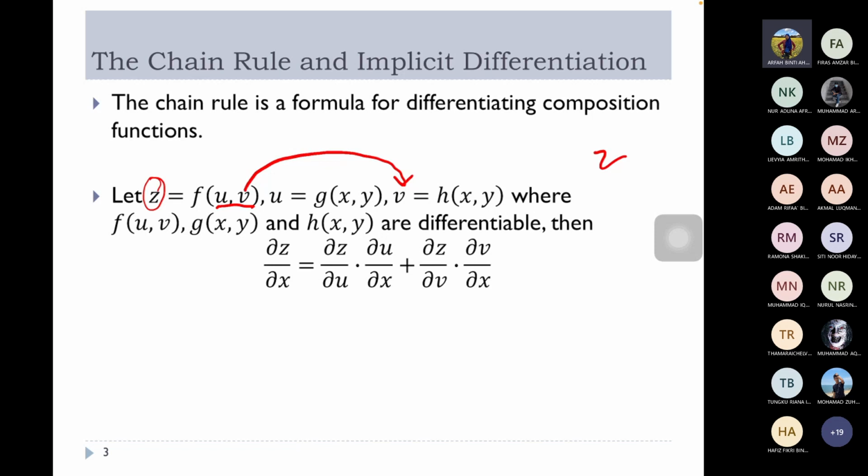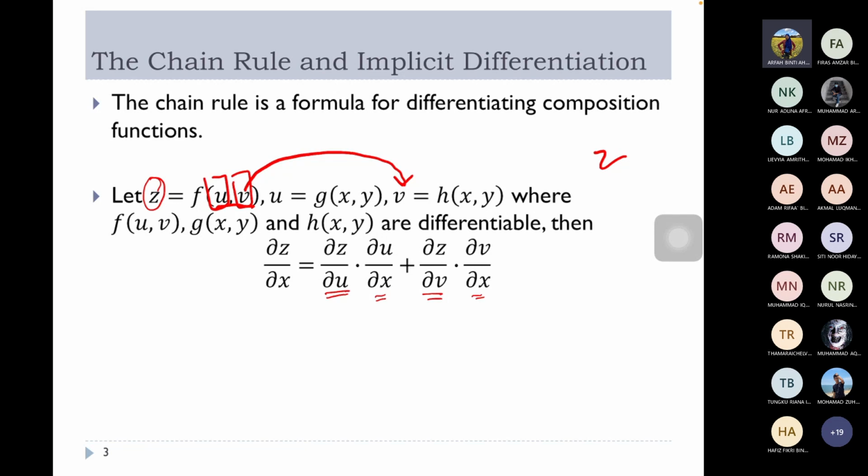To find the derivative of z with respect to x, it will be equal to the partial derivative of z with respect to u, because the variables here are u and v. So we differentiate partially with respect to u and v first, and then differentiate u with respect to x and v with respect to x.